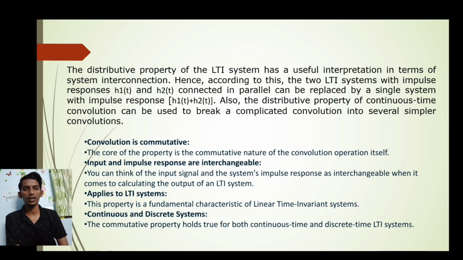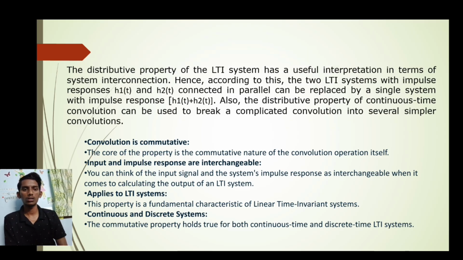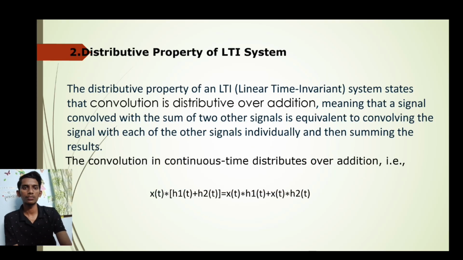This property is a fundamental characteristic of linear time invariant systems, continuous and discrete. The commutative property holds true for both continuous time and discrete time linear time invariant systems.